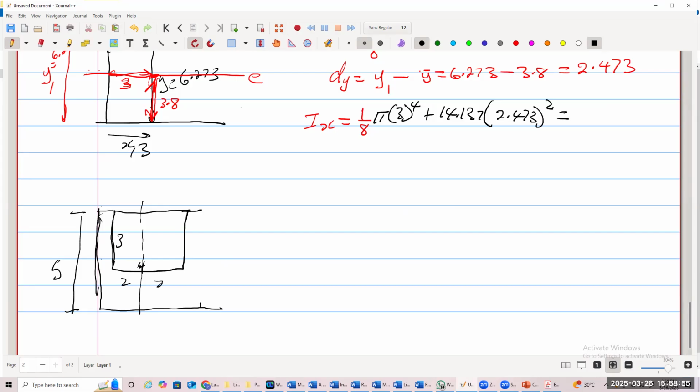So the center coming up to here was what? 3.8, and the x distance here is also 3, and this is 3.8. Remember, this is y2. Y2, you remember that?